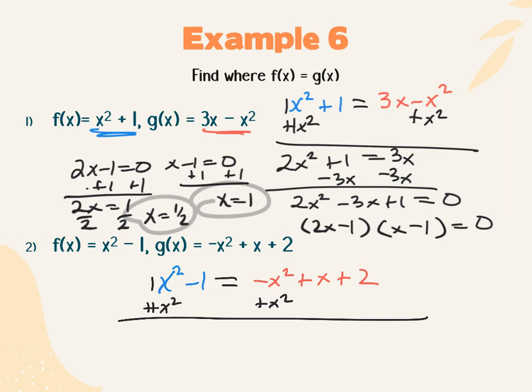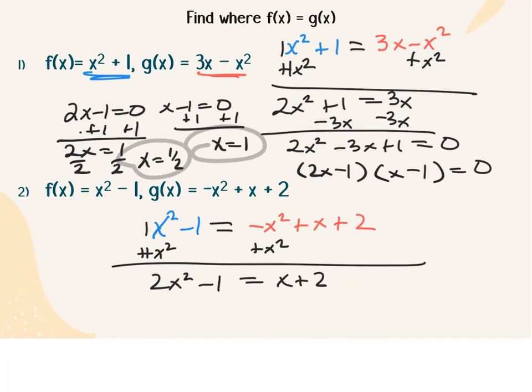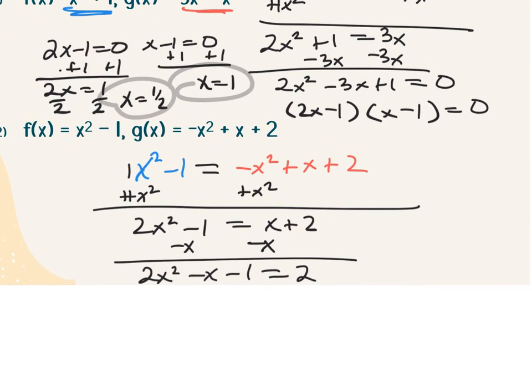Again, 1x squared plus 1x squared is 2x squared. Then move my x over and my 2 over. Subtract the 2. 2x squared minus x minus 3 equals 0. And now again I have to factor.